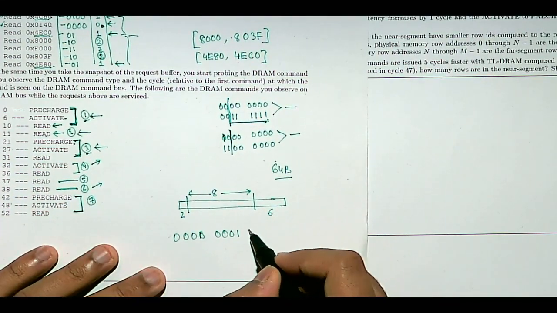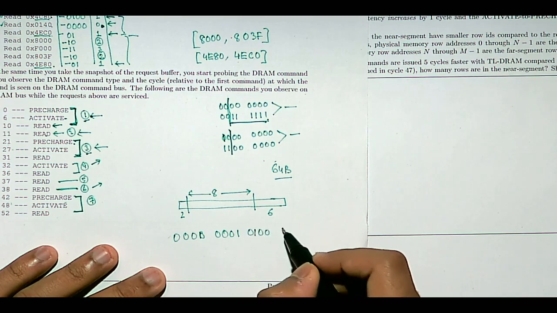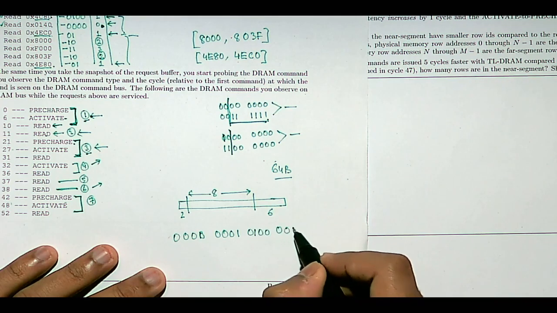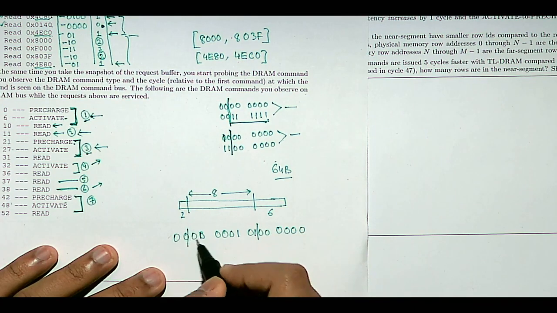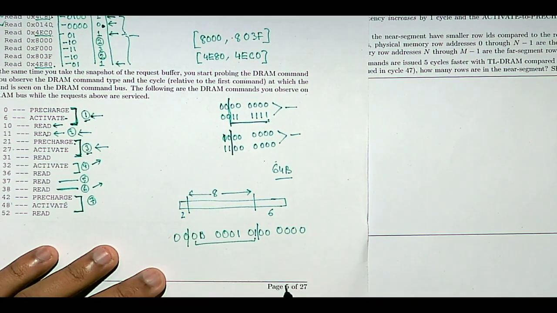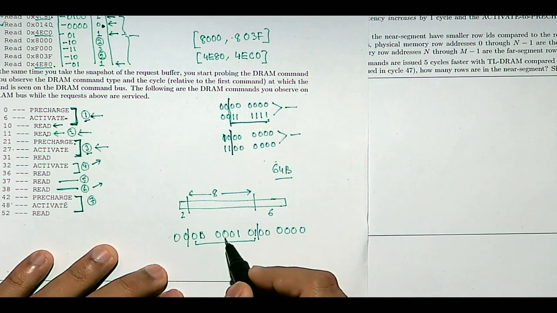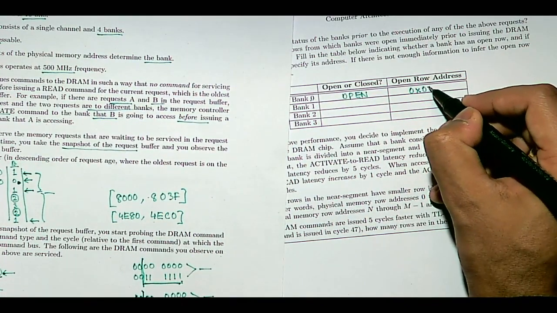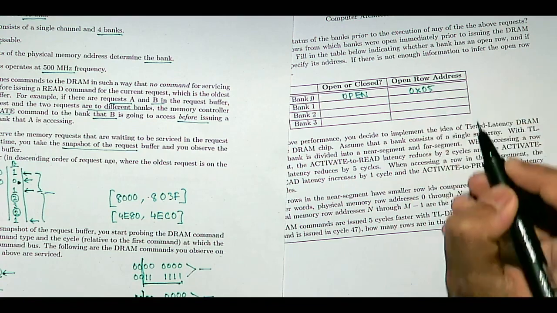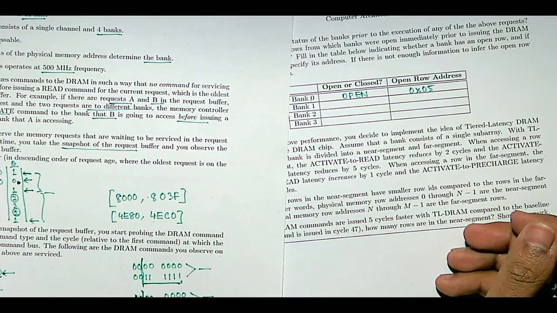So 4 means 0100 and 0000, right? If we truncate this, this is the 8-bit sequence you are left with. So this is 0 and this is 5. So that means 0 and 5. Does that make sense?